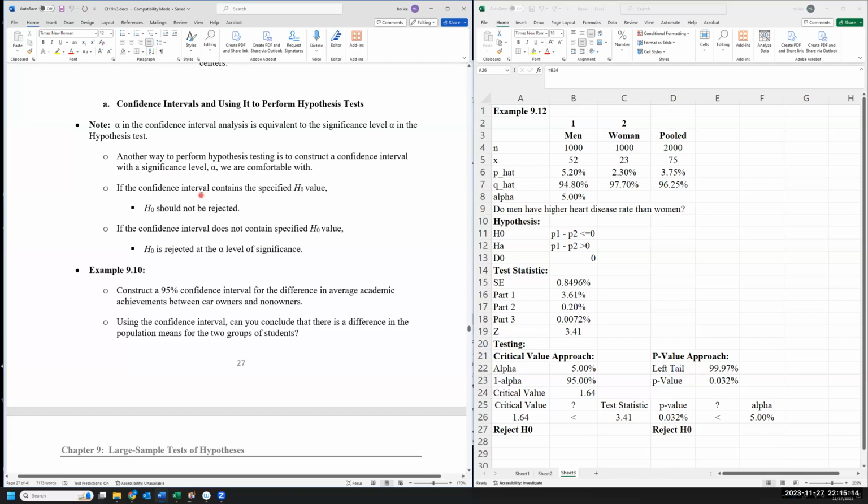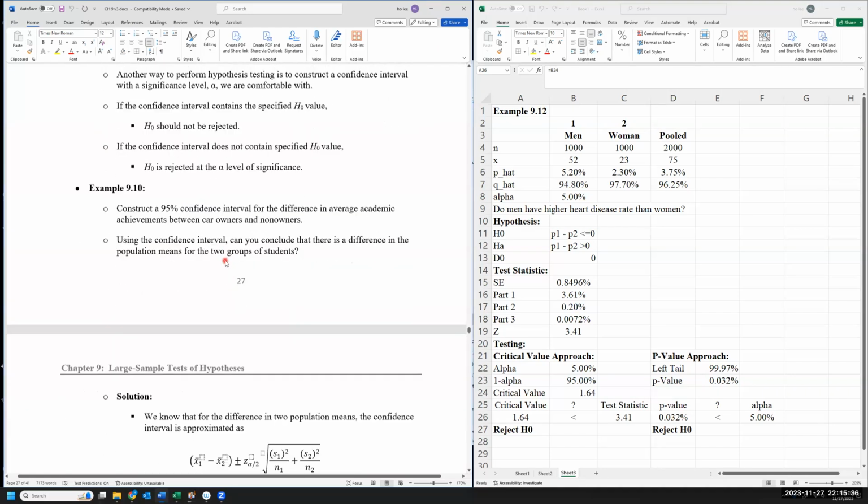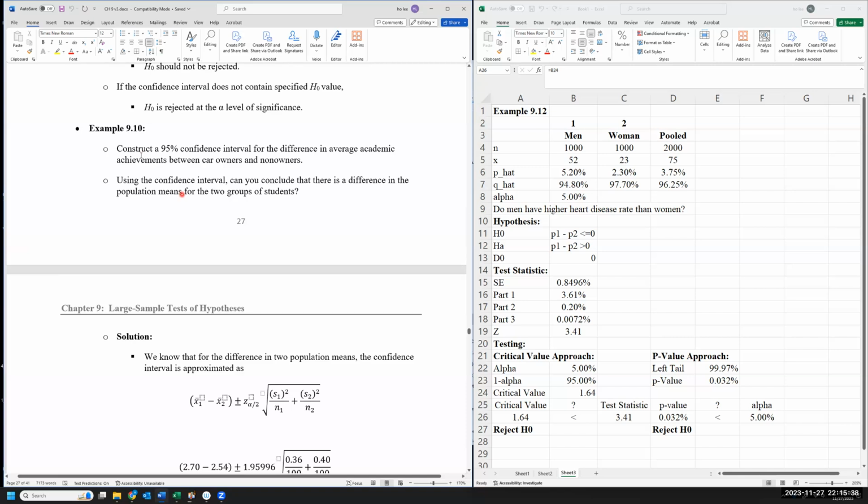If the confidence interval contains the specified H0 value, in this case, the D0 of 0, then the H0 should not be rejected. If the confidence interval does not contain the specified H0 value, then the H0 is rejected at the significance level of alpha.